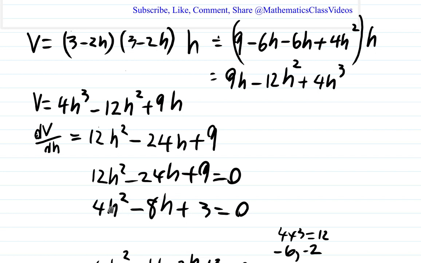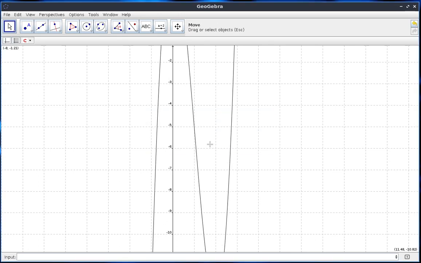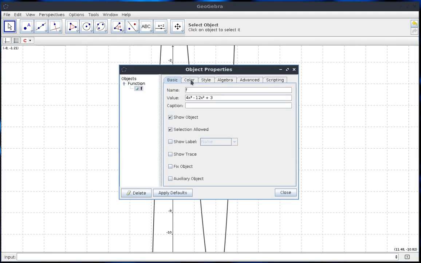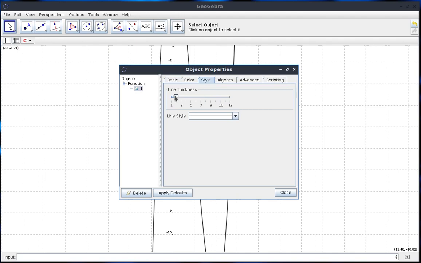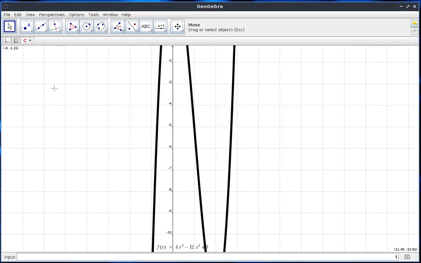It would be 4x squared minus 12x plus 3. Plus 3 it should have been. I have to adjust the graph. Something went wrong. I made a mistake here. Now I also want to increase the size of the graph. There we have our graph. We made the corrections.